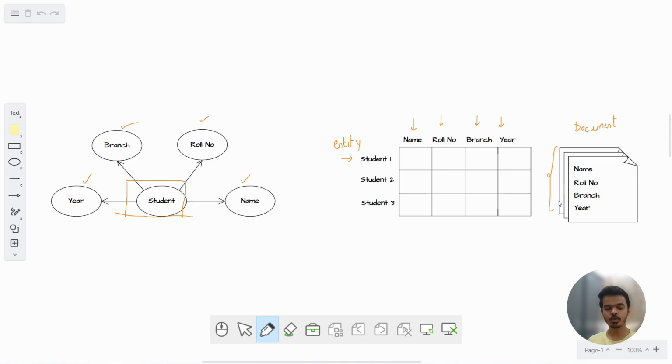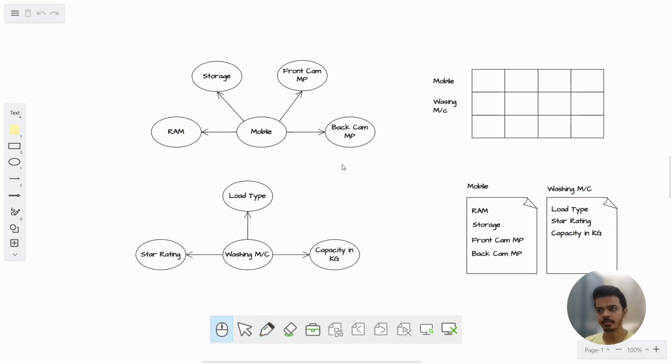So the thing to note here is that whenever you have uniform data, you can store it either in tabular format, that is in a relational database, or in document format, or a NoSQL database, a non-relational database. There are a lot of non-relational databases like key value pair, document, etc. You can store it in that format as well.